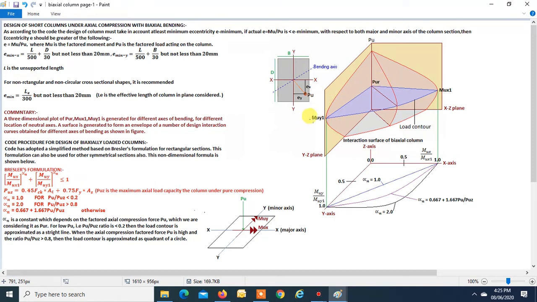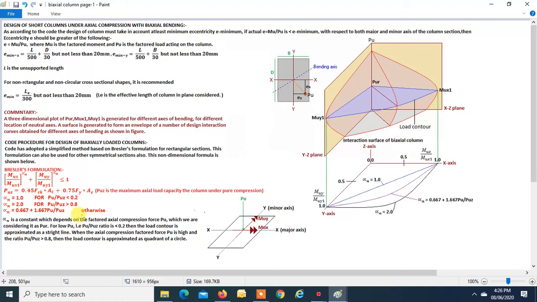Both Muy1 and Mux1 correspond to the ultimate load carrying capacity Pur for a particular bending axis and a depth of the neutral axis. Alpha n is a constant which depends on the factored axial compression force Pu, which we are considering as Pur.